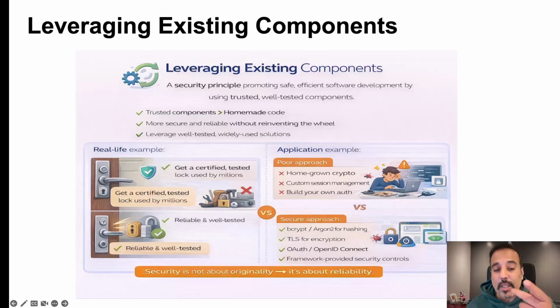Again, as I mentioned before, if you are using hashing, instead of working out your own hashing algorithm and all that stuff, just use the component which is already available. Same with encryption, just use TLS for encryption, and then use OAuth or OpenID Connect. These are all well tested components available. So it's better to use those as compared to developing your own.